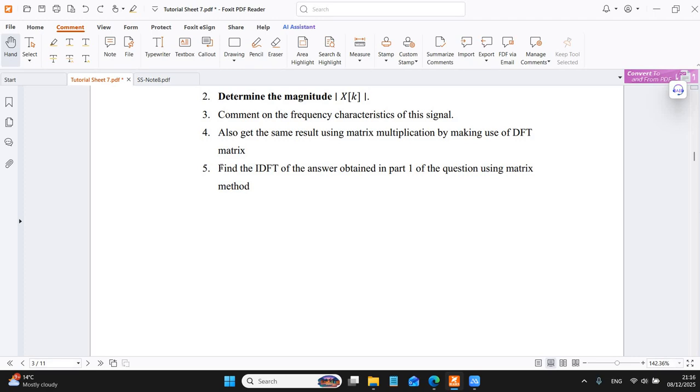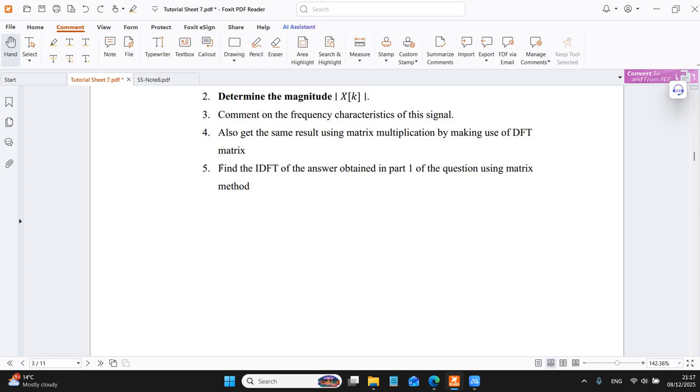So the signal frequency characteristics: it is a delta function, right? Because it is having the value 4 0 0 0.